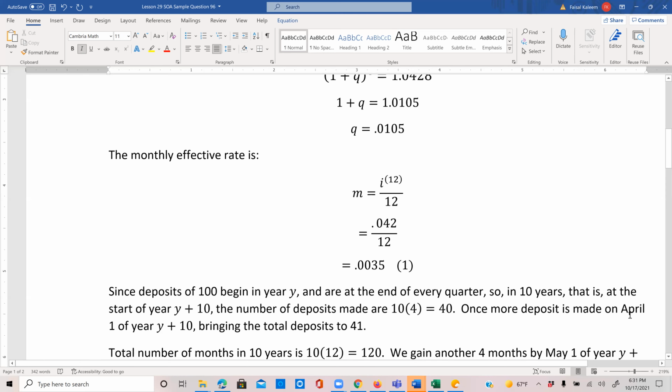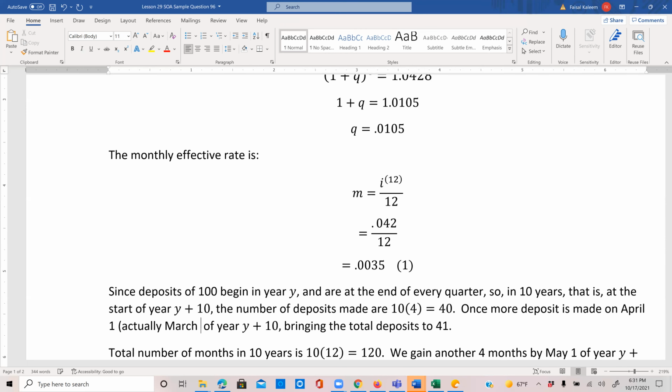So actually, March 31 of Y plus 10. And that would be the 41st deposit, and there'll be no more deposit till May 1. And so we have 40 at the beginning of year Y plus 10, and then the 41st happens on March 31.